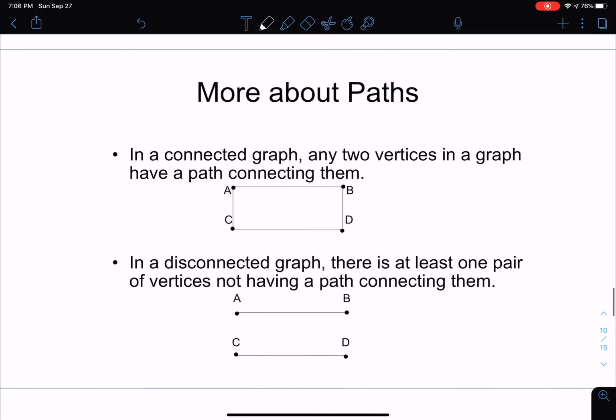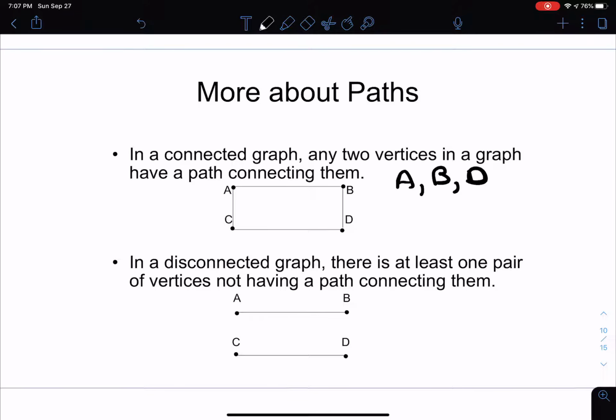A little bit more about these paths. In a connected graph, any two vertices in the graph have a path connecting them. It's not saying that every two vertices have an edge connecting them. It's saying there's a path. Like A and D here don't have an edge connecting them, but you can go from A to B to D, and there's a path.